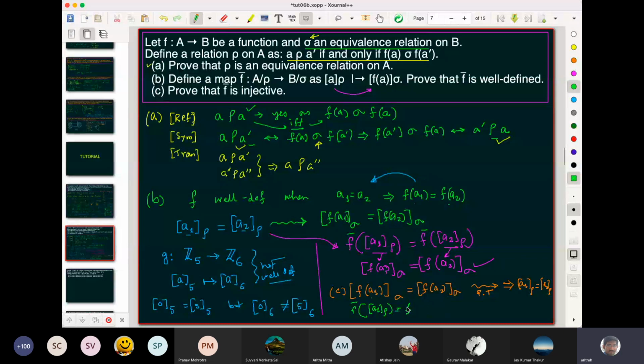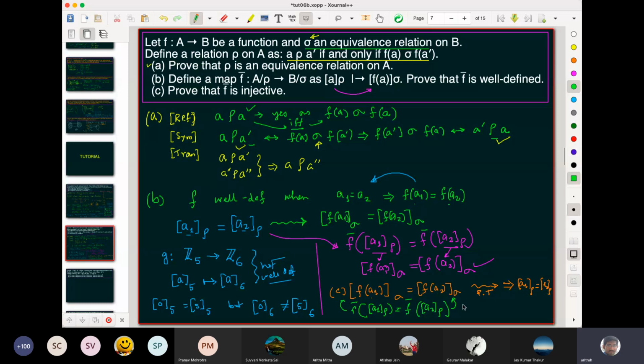This is f bar A2. Okay, just the definition because of this map. Yes or no? Agreed though? Yes, sir.